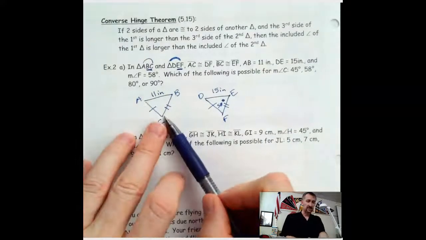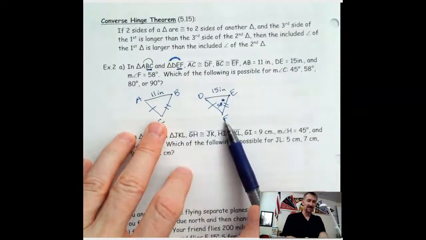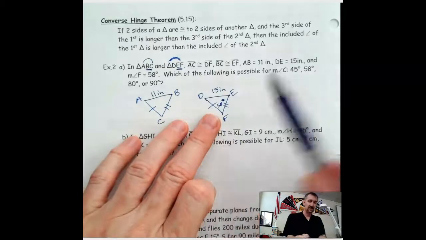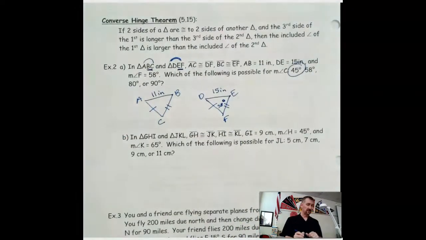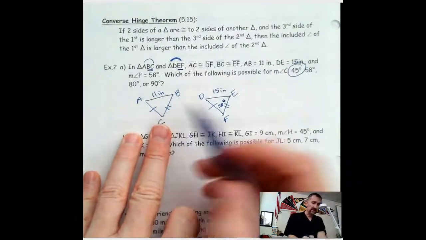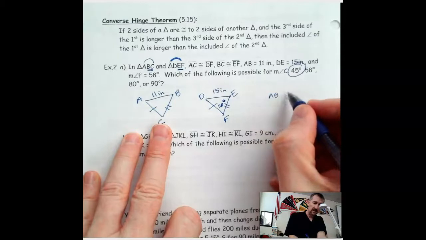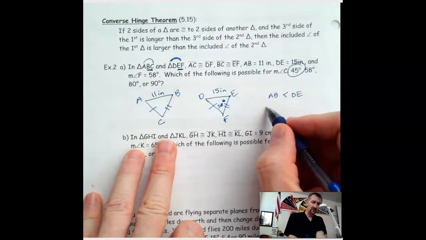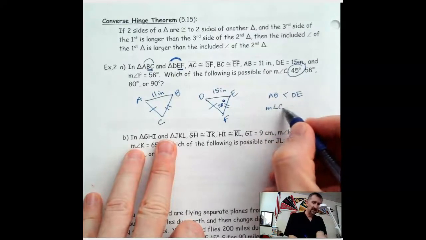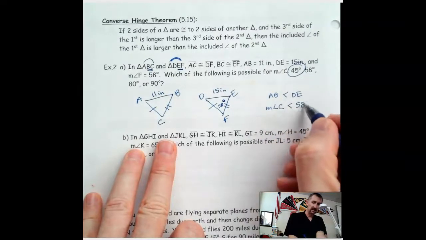So the measure of angle C has to be less than F, so less than 58. There's only one choice: 45 is less than 58. The way you could look at that is AB is less than DE, so the measure of angle C needs to be less than 58.